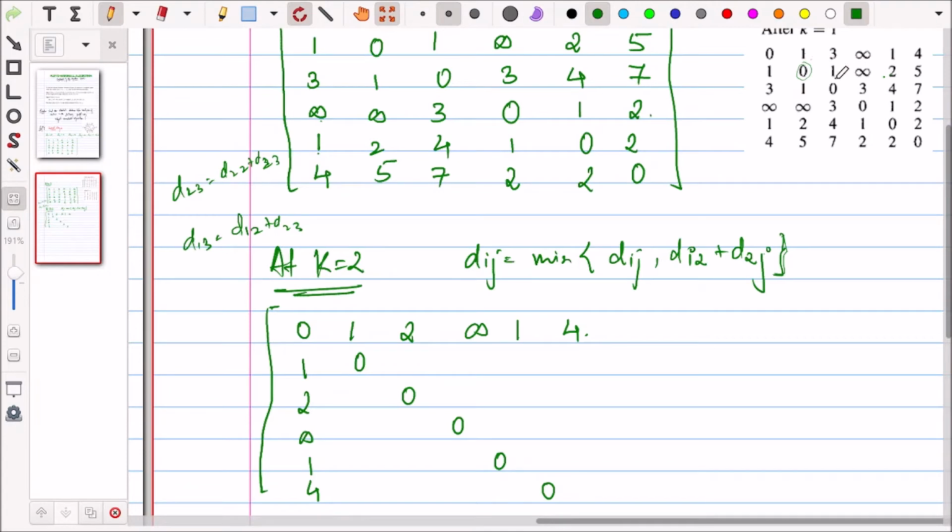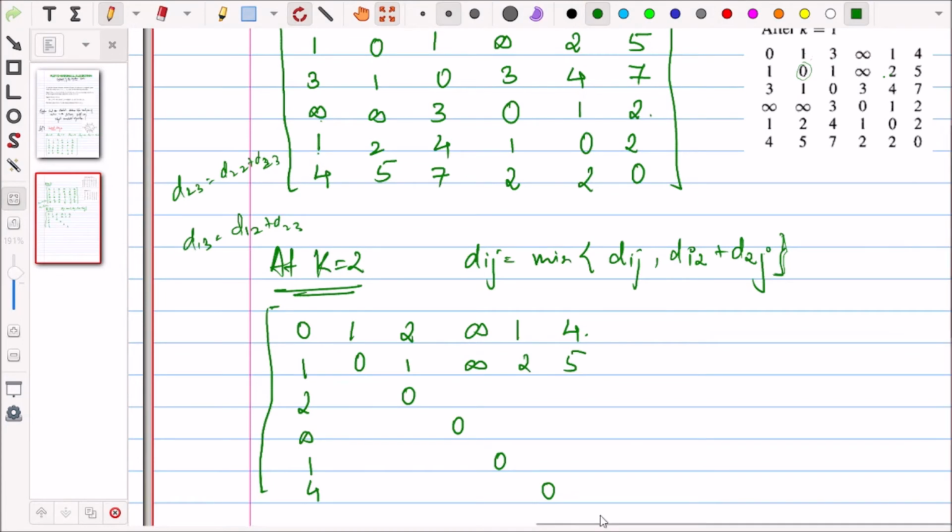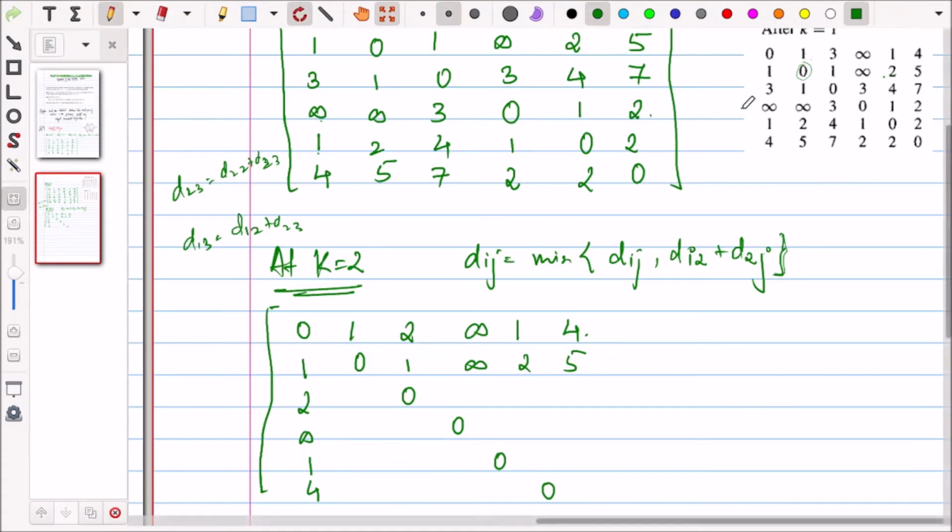So 0 ऐड करना है सब में. So same रह जाएगा, right? It will be same. Yes, क्योंकि हमें 0 ऐड करना है ना इसमें. 0 1 0 infinity 0 2, ये पूरा.